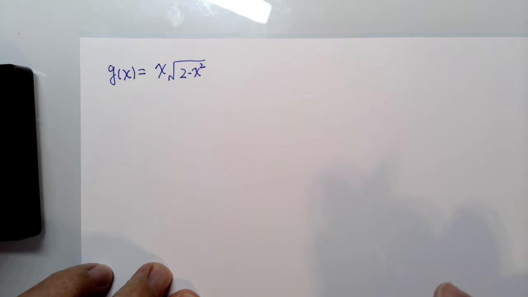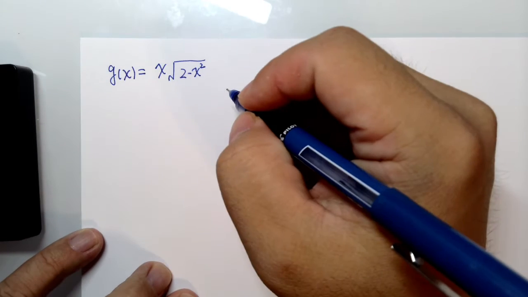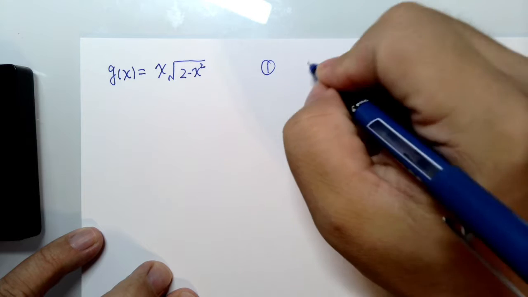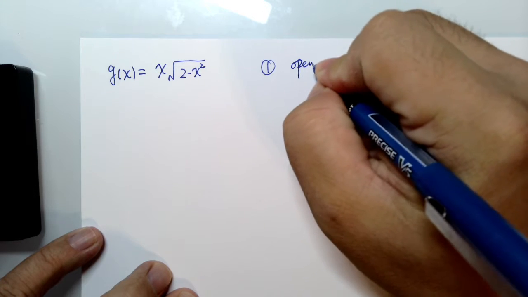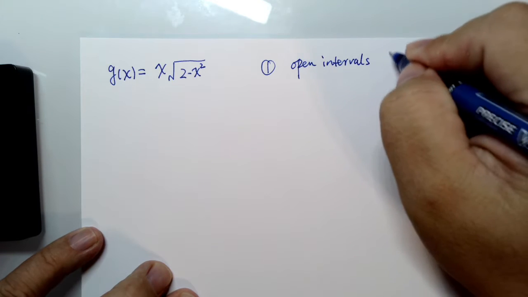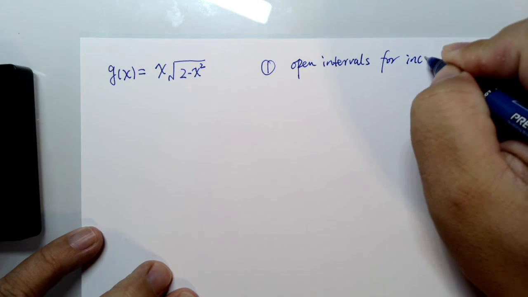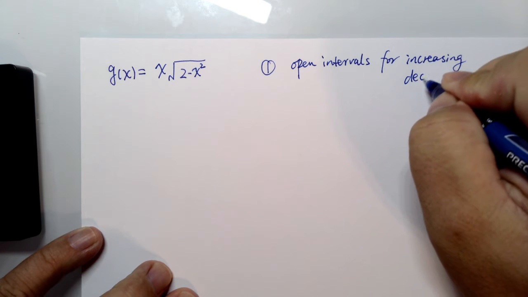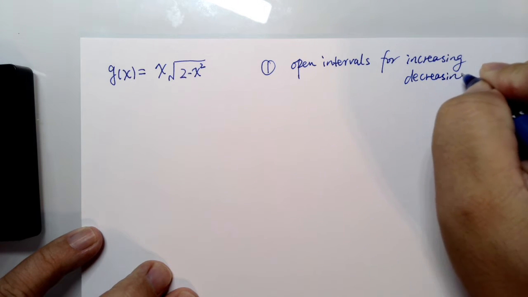Okay, so first question, find the open intervals for increasing and decreasing.